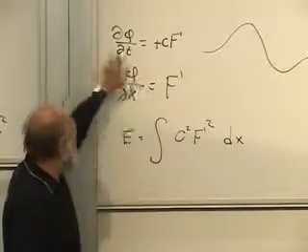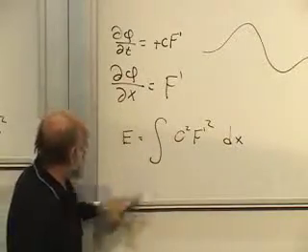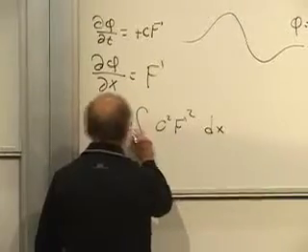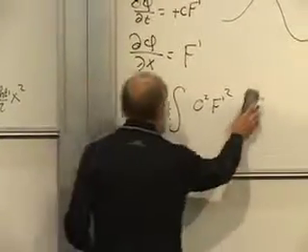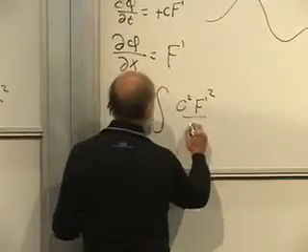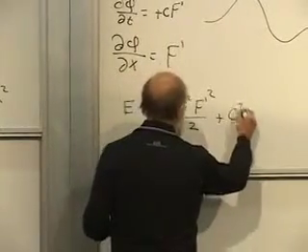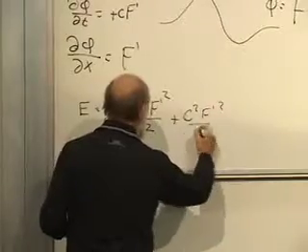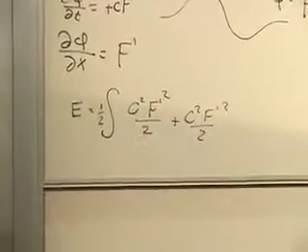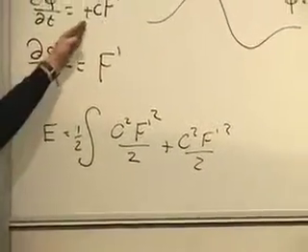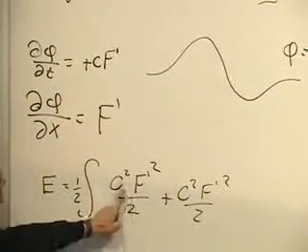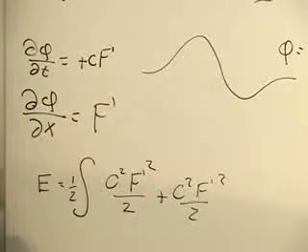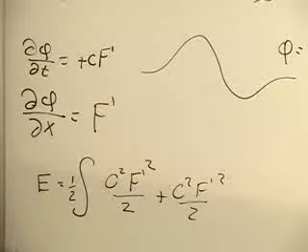So once again, it would be exactly the same expression, 1/2 the sum of two terms, one of which was c squared f prime squared over 2, and the other of which was c squared f prime squared over 2. All right, same thing. The square of phi dot is not going to change, so this term won't change. It'll be exactly the same. And so the energy of a left-moving wave and a right-moving wave are the same.